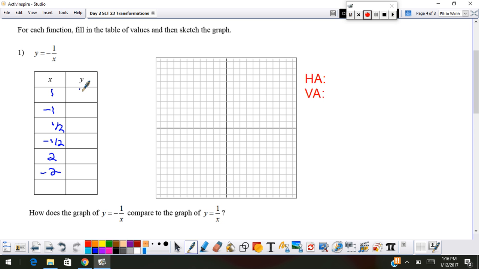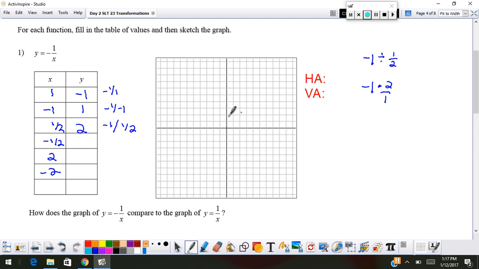So if I plug in 1, I'm going to get -1. If I plug in -1, I'm going to get +1. If I plug in 1/2, -1 divided by 1/2 is like -1 times 2 over 1. It's going to be -2.